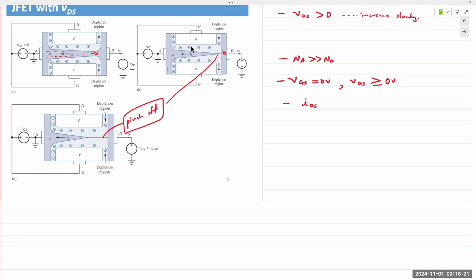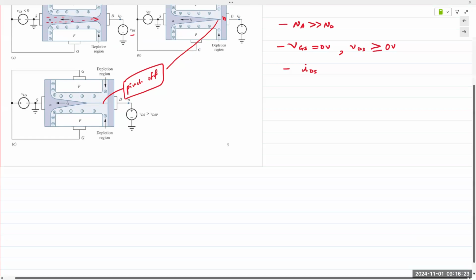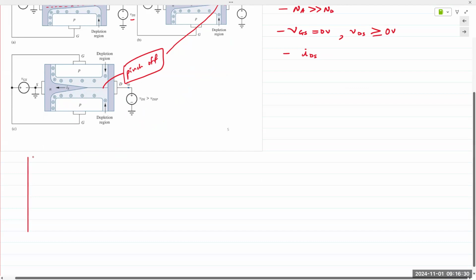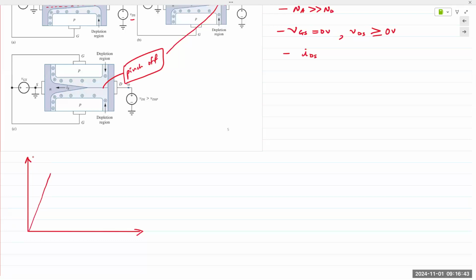So if I was to draw a characteristic of VDS versus ID, this is what I would expect to see. When you first apply voltage, you get a linear line.